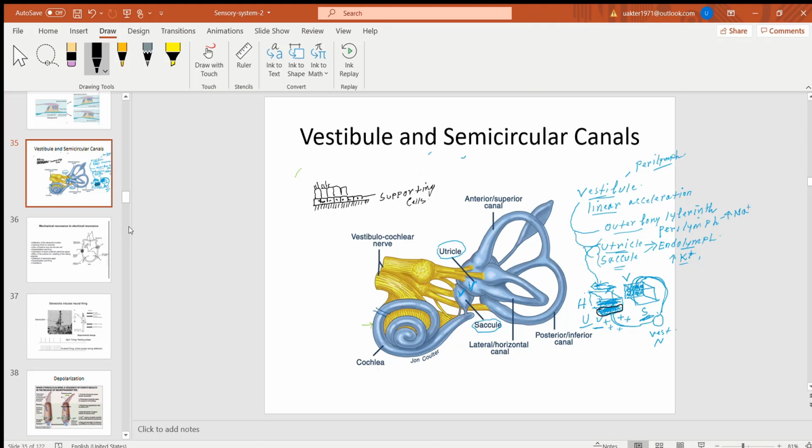And the tallest stereocilia is the kinocilia, you already know that. So this is the kinocilia, and these are stereocilia.